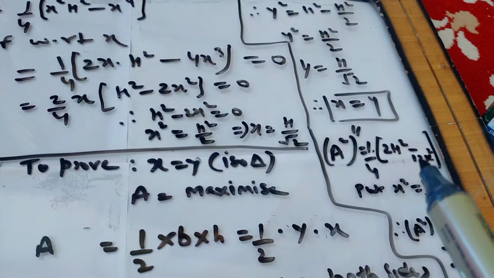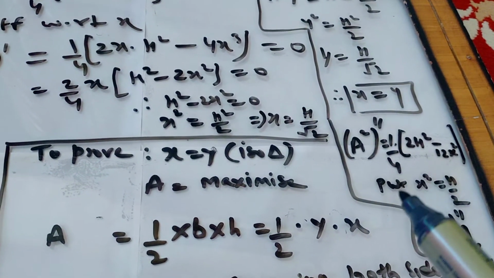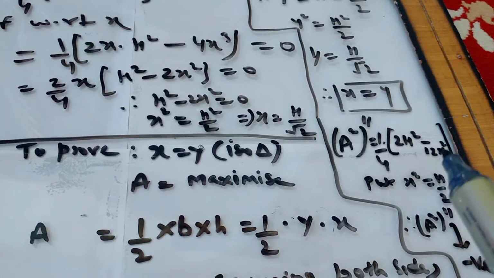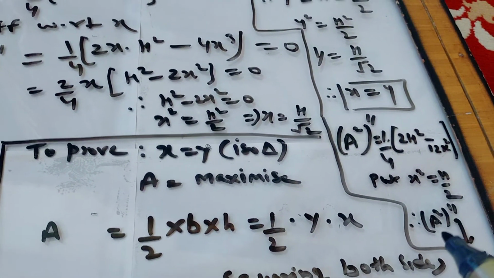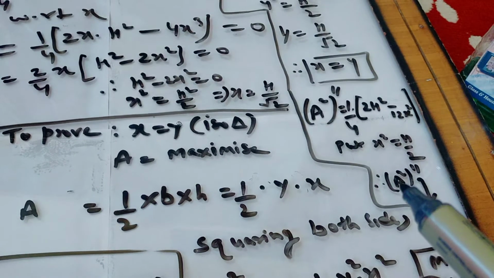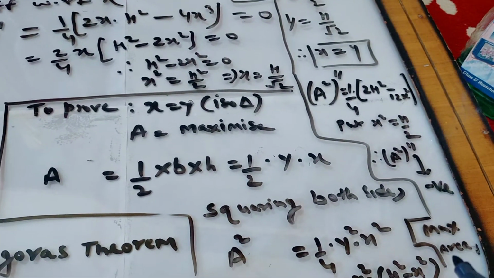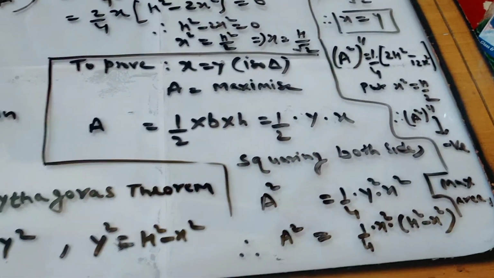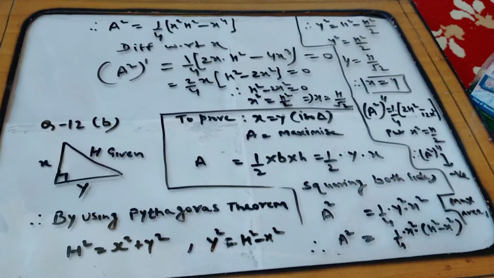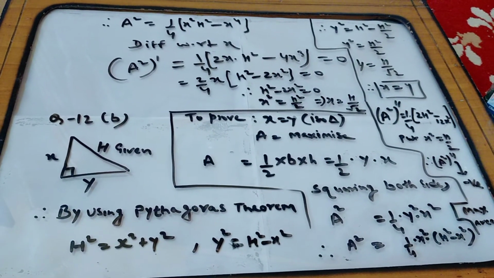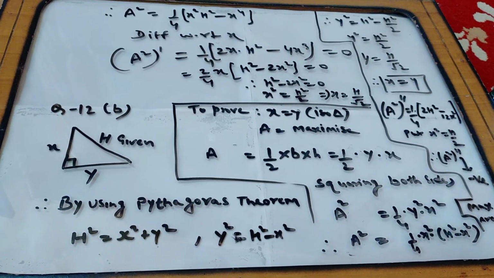Now if I put in place of x square h square upon 2, it will give a negative result. So a negative value will indicate that the area is maximized. So we have done this question. Okay, thank you very much.